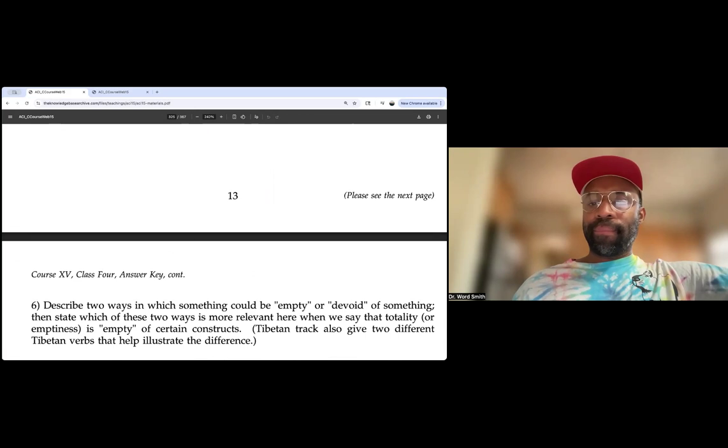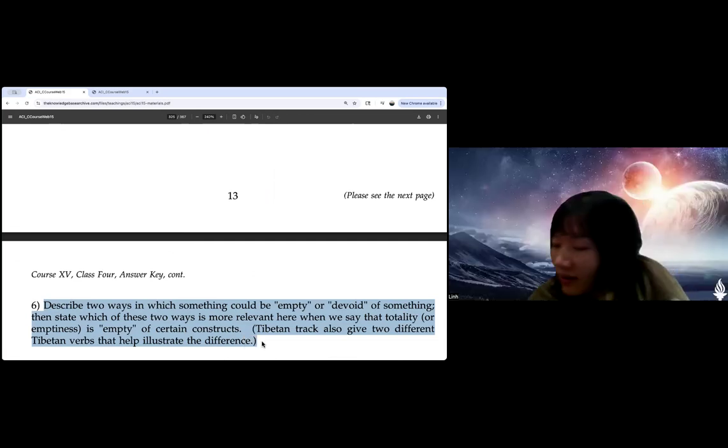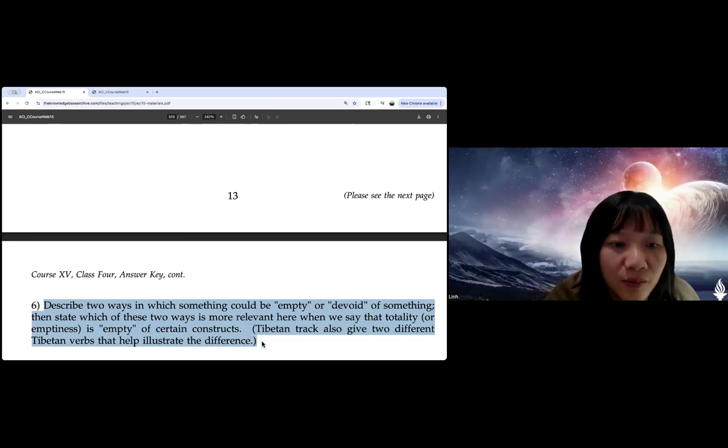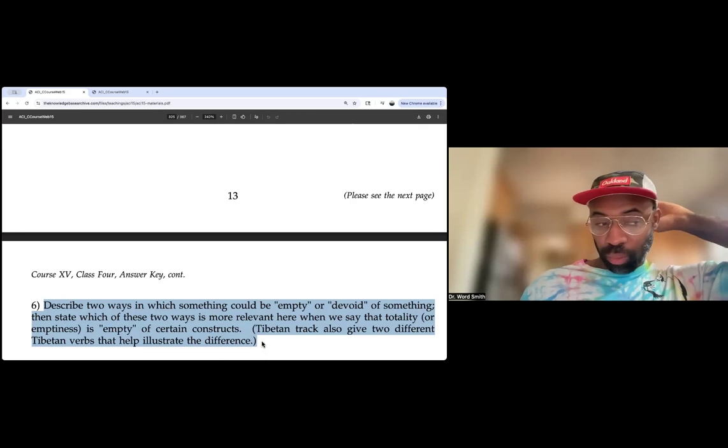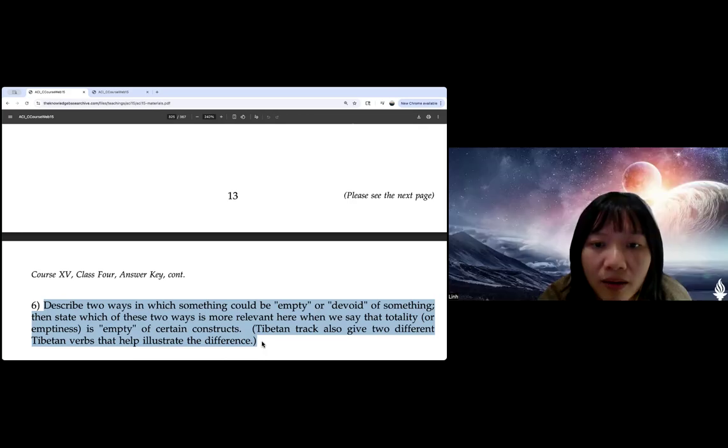All right. Lynn, would you read number 2 for us? Describe two ways in which something could be empty or devoid of something. Then state which of these two ways is more relevant.